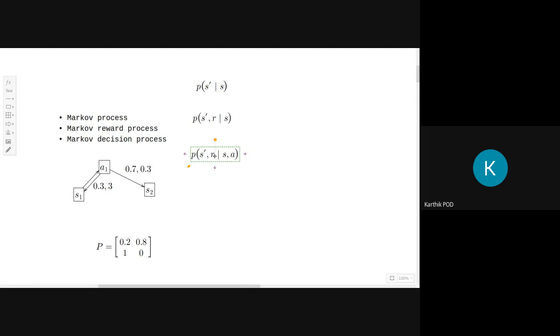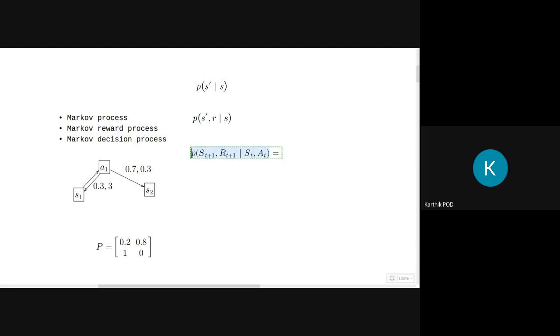So let's make this st plus 1 and this rt plus 1. This is the future in some sense. And what we are saying is that this is the probability that if you are in state st and you take action at, you transition to st plus 1 and rt plus 1.